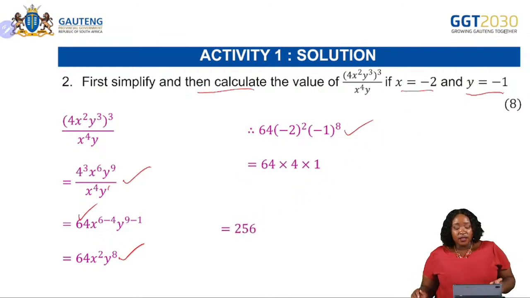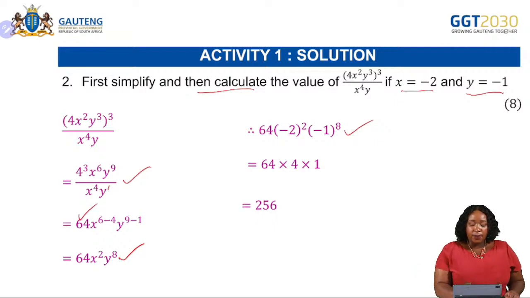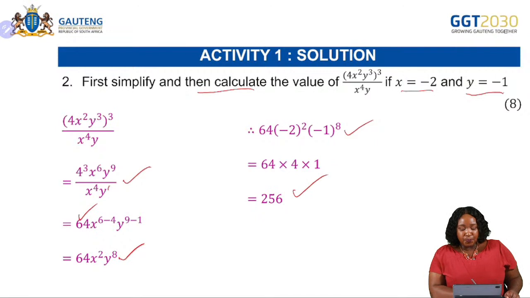So we're multiplying 64 and we get 256. So this is your final answer. Okay, so you get a mark there. Alright, now for finding the correct exponents, -2 squared and -1 squared will also get you a mark. Alright, your answer is usually out of 2, and then you'll also get a mark there, also 2 marks.